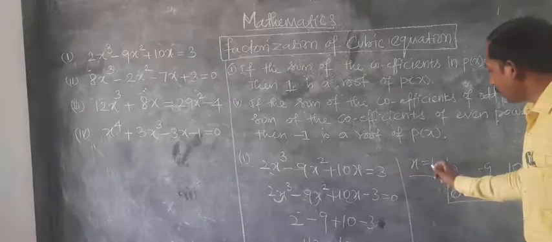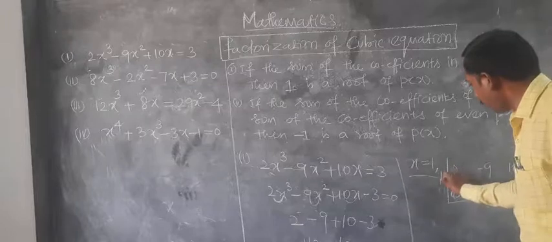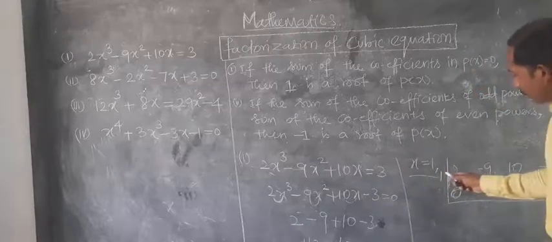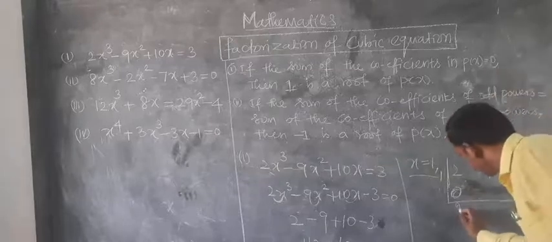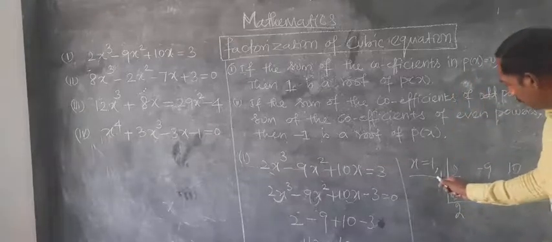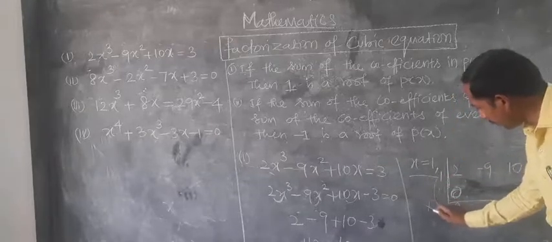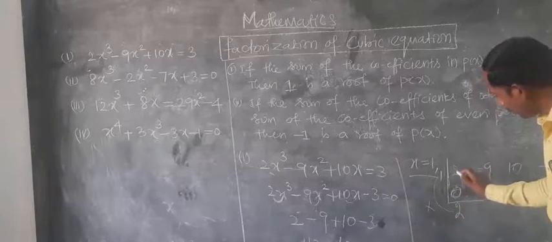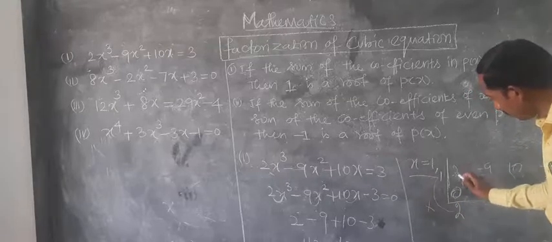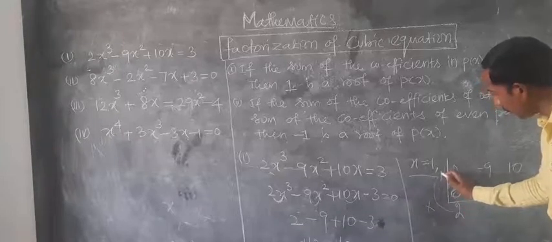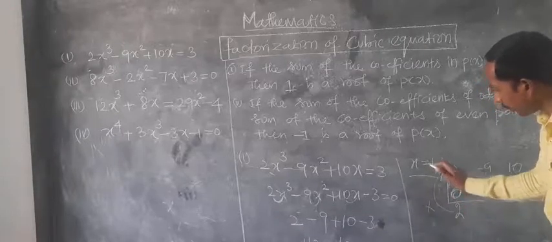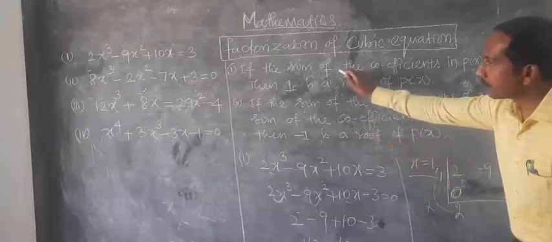So now you have to write 1. Just see, you have to add 2 plus 0, 2. Then 1 into 2, you have to multiply. Here multiply, here add. So 2 plus 0, 2. But 1 into 2. How did we get the 1? We found it from the points.